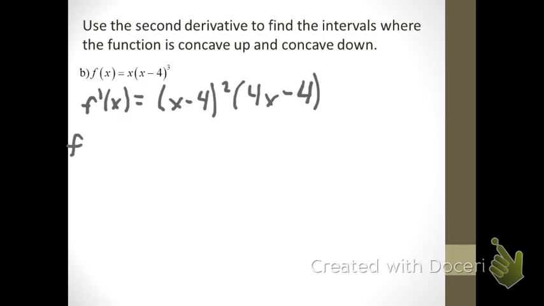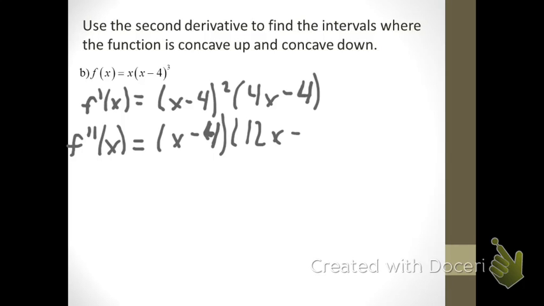And the second derivative is x minus 4, times 12x minus 24. Now, if you didn't get those exactly, either you made a mistake with your differentiation, or you just didn't use some nice factoring that would make these expressions look a little bit simpler as you see them right here.